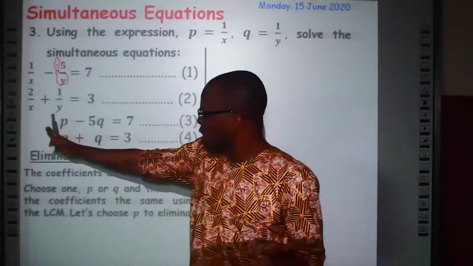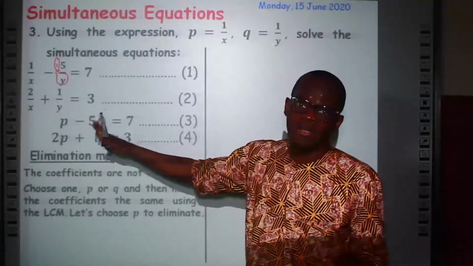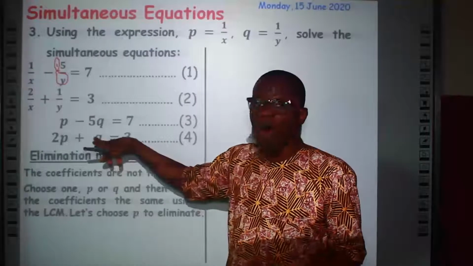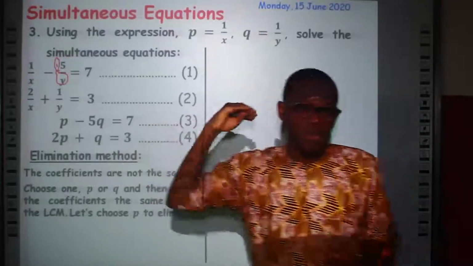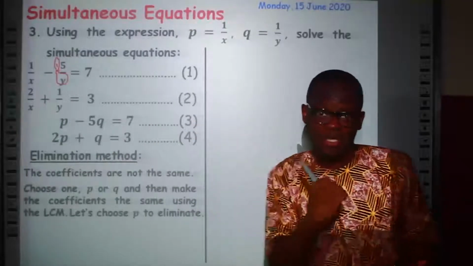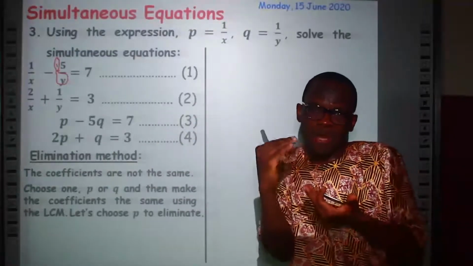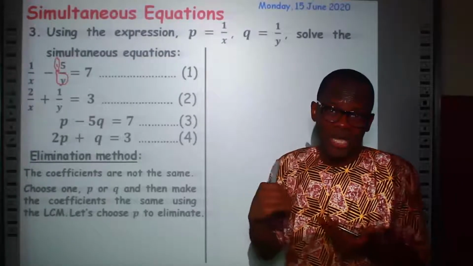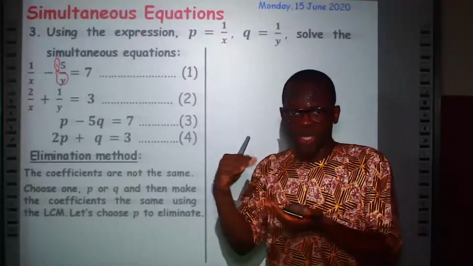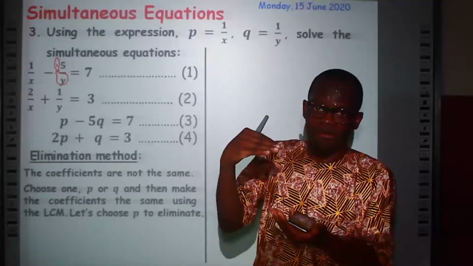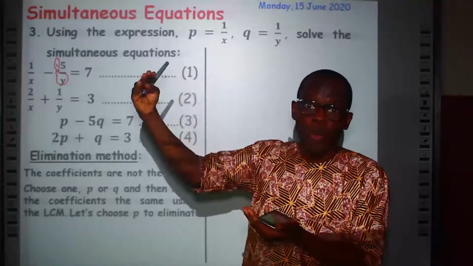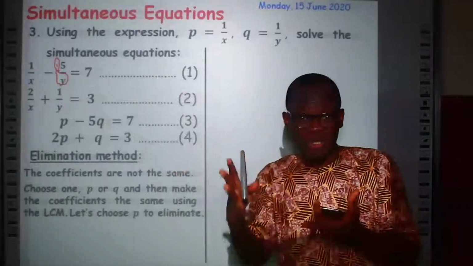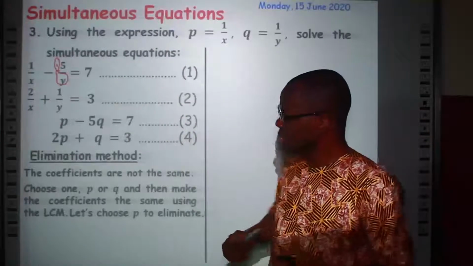So that's why I've gone for P. If you had decided earlier on to take 5 and 1, the LCM will give you 5. Now you will still end up getting your answer right, but like I said, I prefer to go for a variable with smaller values. That way, when you multiply, the values you get will not grow, or when they do, they grow slowly. And it's easier to do with smaller numbers than bigger numbers.